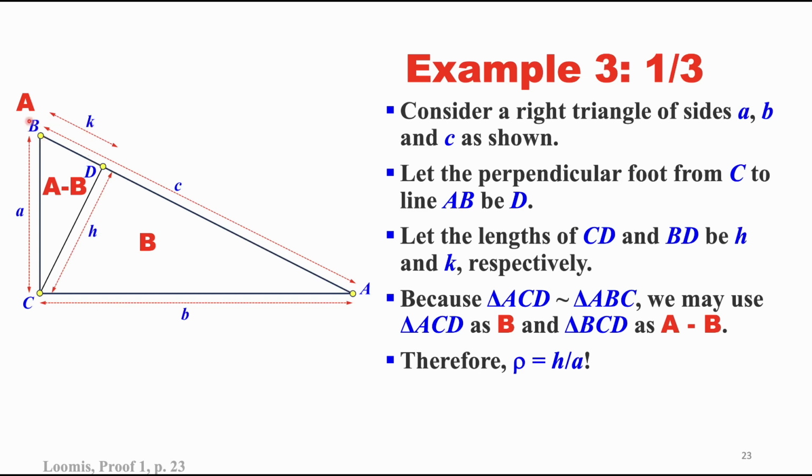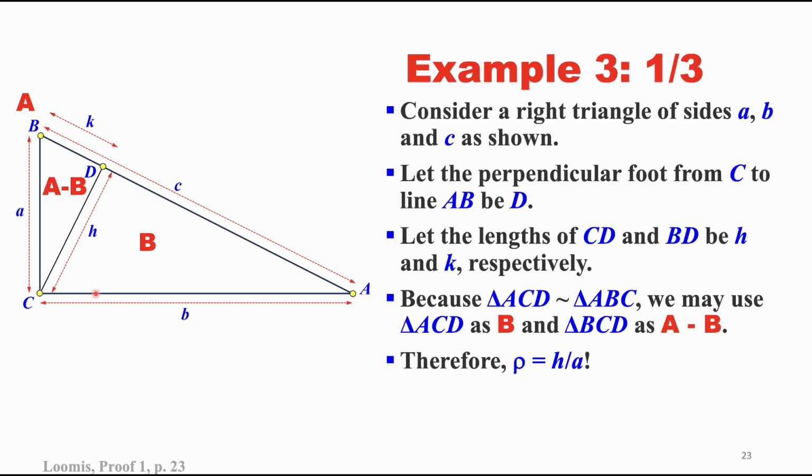So here, the area A is the big one. The smaller area is triangle ADC. So A minus B is the triangle CBD.